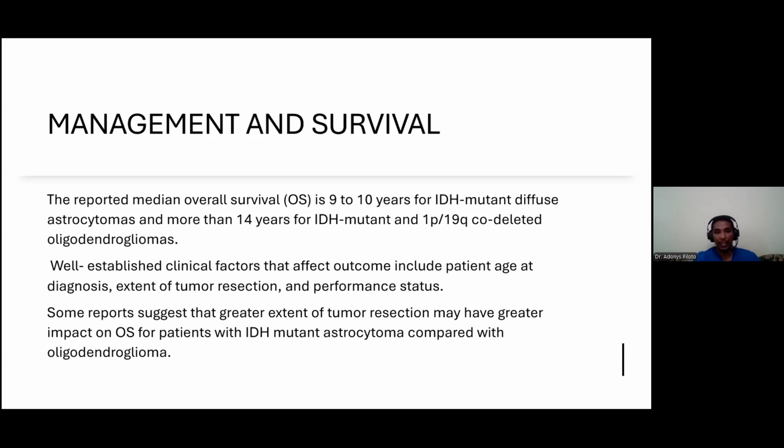Well-established clinical factors that affect outcome include patient age, diagnosis, extent of tumor resection, and performance status. Some reports suggest that a greater extent of tumor resection may have a greater impact on overall survival for patients with IDH-mutant astrocytoma compared with oligodendroglioma.